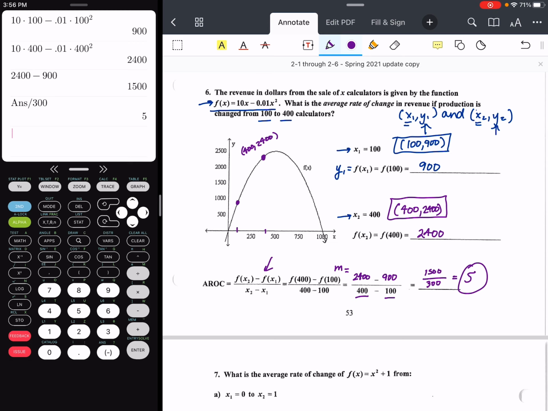So maybe that's 100, that's 900. And what we're doing is imagining that there's this line connecting those 2 points, and we're finding the slope of this line. We can see that that's a positively sloped line, and it's a pretty steeply sloped line at that, so that's why we ended up with that slope of positive 5.